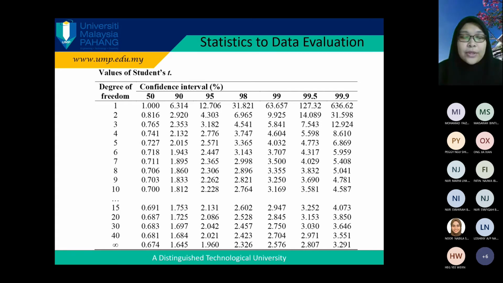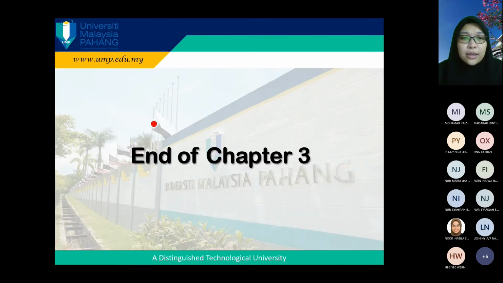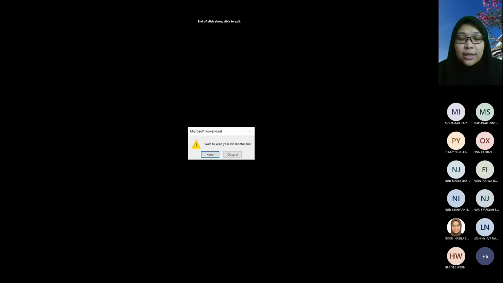For the T-test, we have from 50 up to 99.9 confidence interval. It is quite different from the Q table. For degrees of freedom here, you still need to remember how to calculate the T-test. That is in chapter 3.